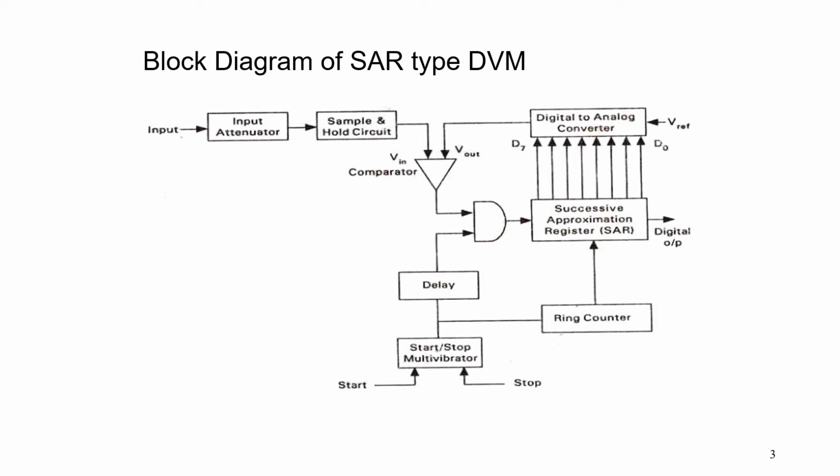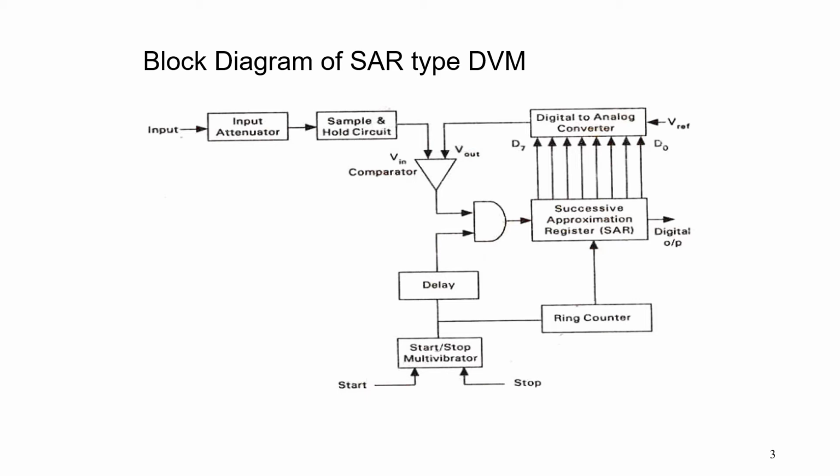The ramp voltage is continuously compared with the voltage that is being measured. At the instant these two voltages become equal, a coincidence circuit generates a pulse which opens a gate. The input comparator generates a start pulse.